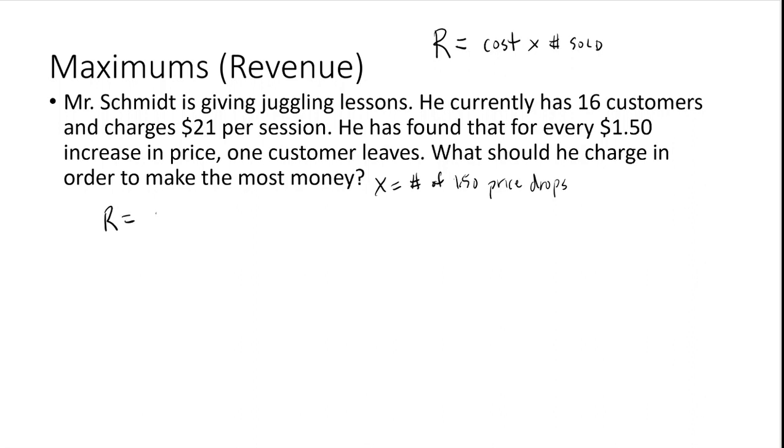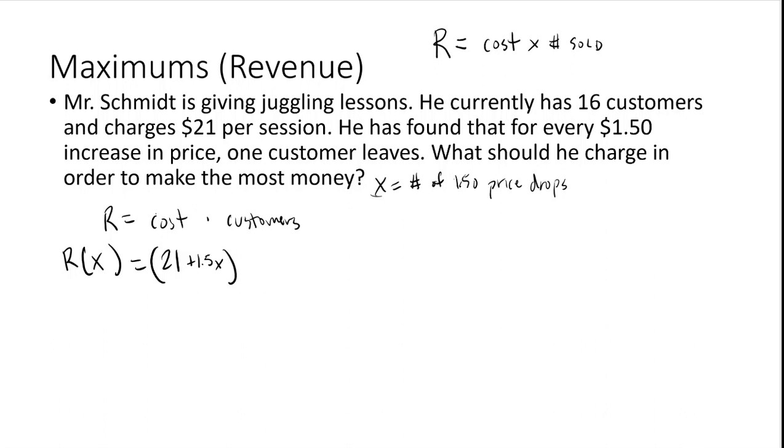Revenue is equal to cost times the number of customers. He charges $21 per session, and he has how many customers? We're going to say revenue as a function of x, because we use x as our variable. How do we describe the cost here? It costs $21, but he's going to be increasing the price by $1.50 some number of times x, so plus 1.5x.